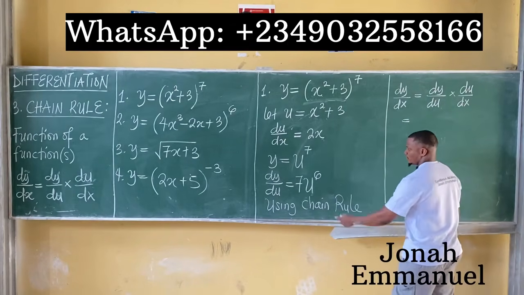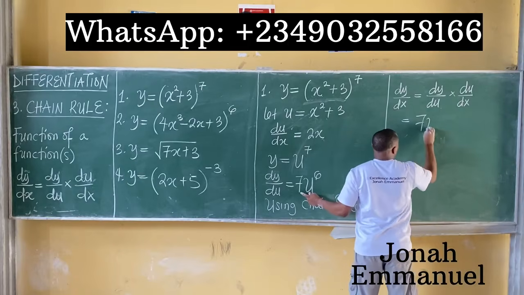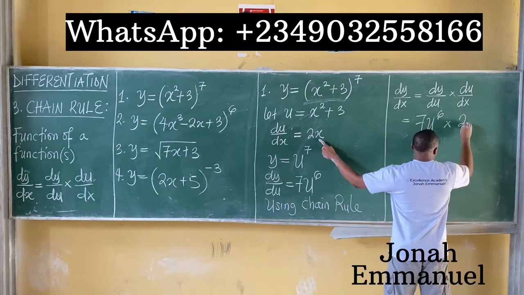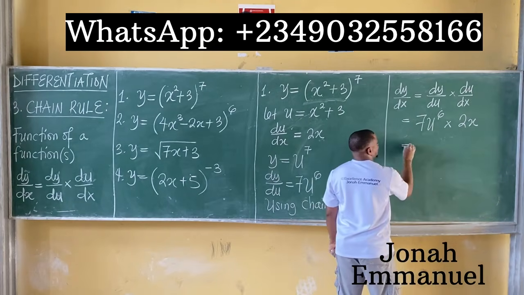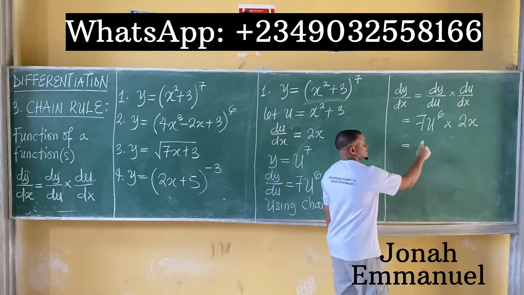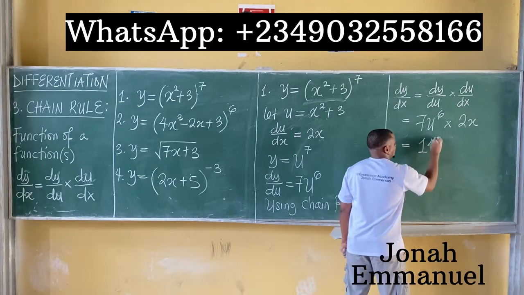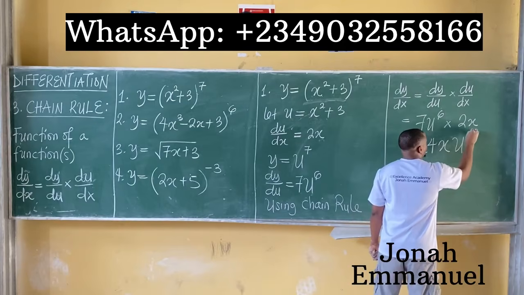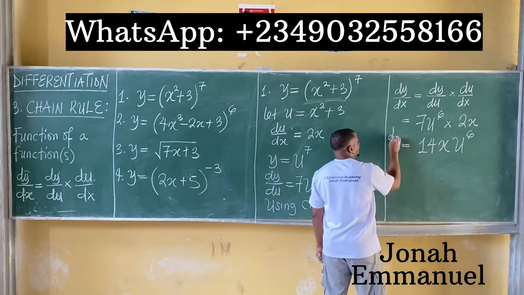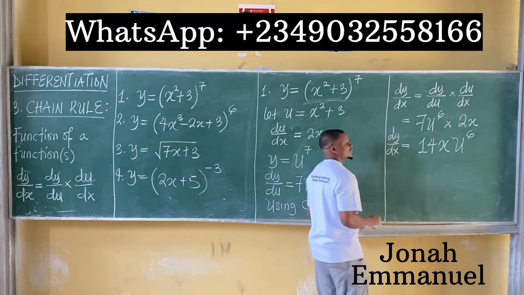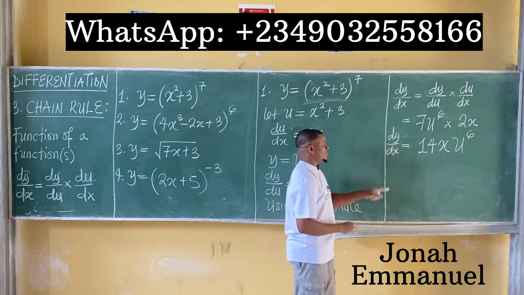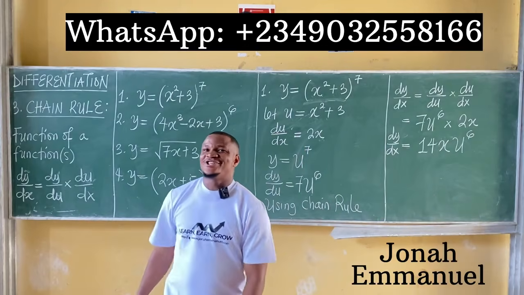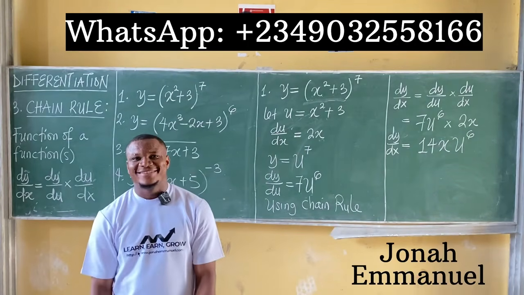What's dy du? 7u to power 6, times what's du dx? 2x. Please multiply this. Start with the numbers first. 7 times 2, 14. Bring in the x, bring in the u to power 6. This is the value of dy dx. But we don't stop here.